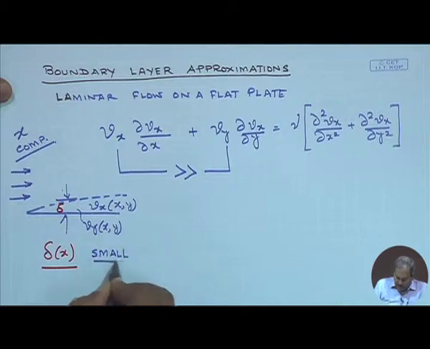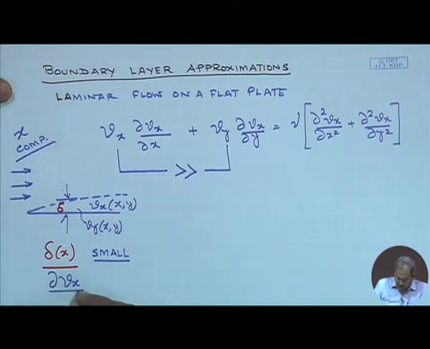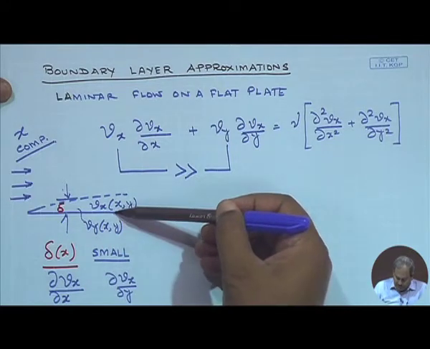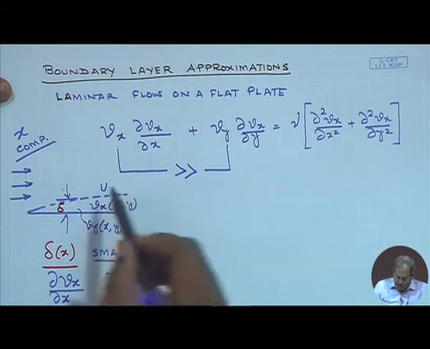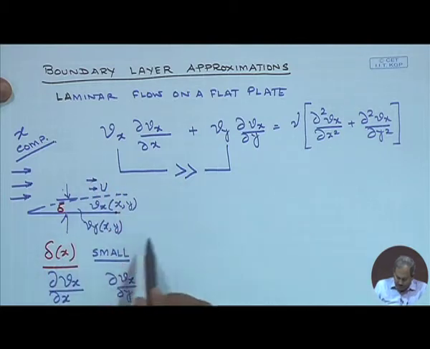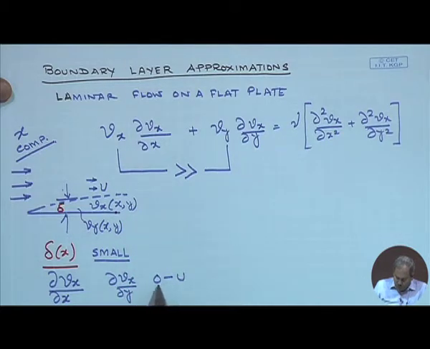So, considering the variation of Vx with x and the variation of Vx with y: Vx varies from 0 at the solid-liquid interface to a value equal to u, where u is the free stream velocity. So, Vx changes from 0 to u over a small distance delta.